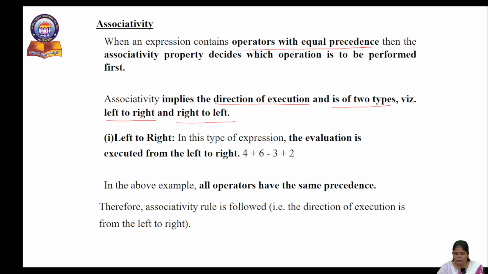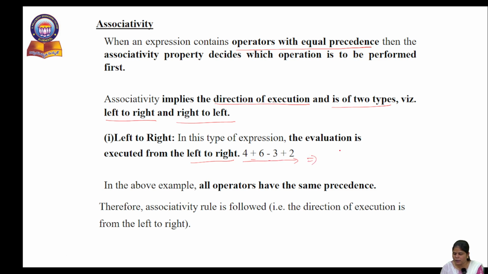In left to right associativity, the evaluation is performed from left to right. Here plus and minus have equal priority, so this will follow the left to right evaluation.